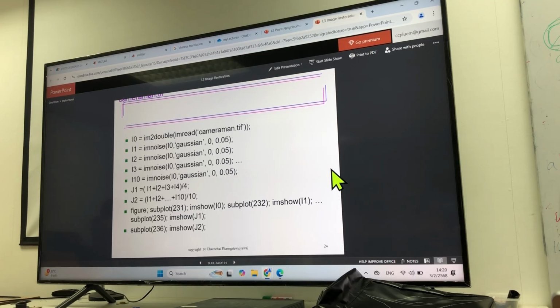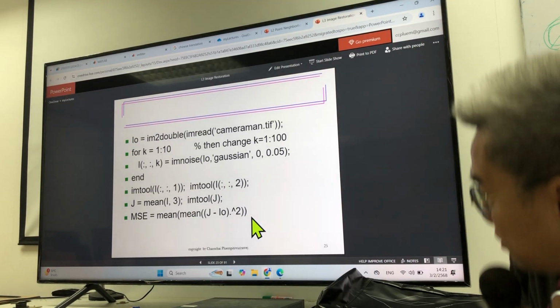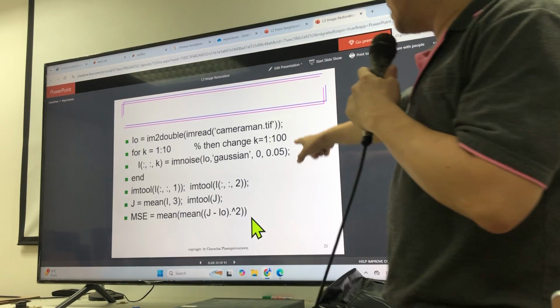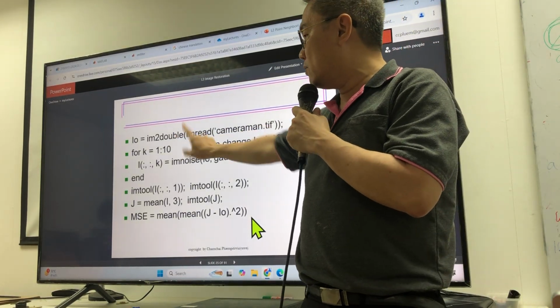Okay, this is called image averaging. Over here it's the same thing except I use imnoise, and then we use mean square error. We can measure with the mean square error. Mean square error would be J. This one we use K from 0 to 1.